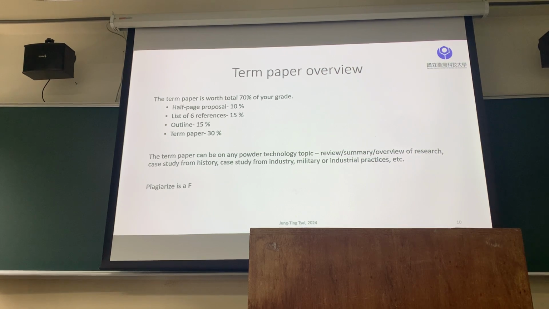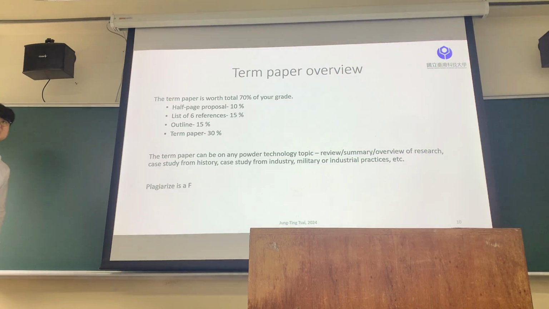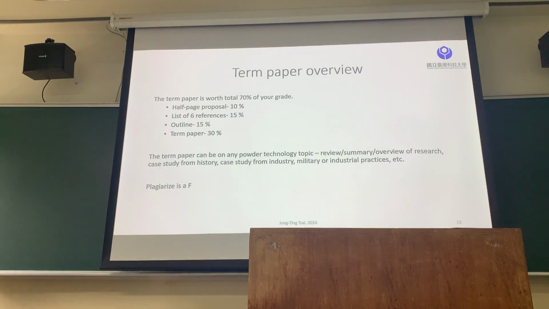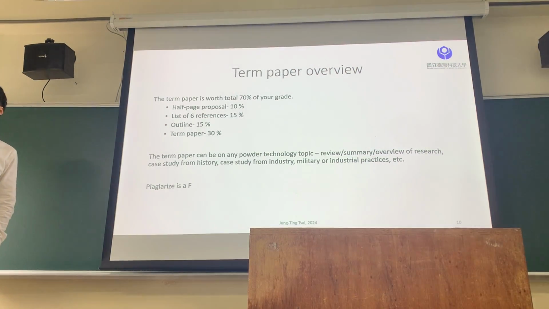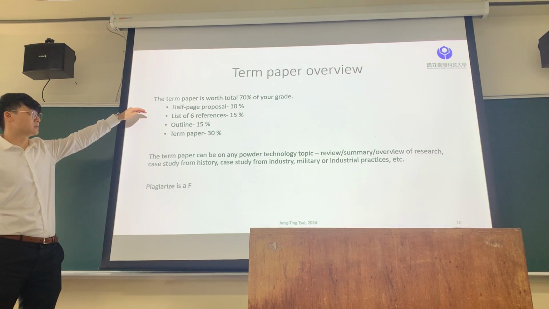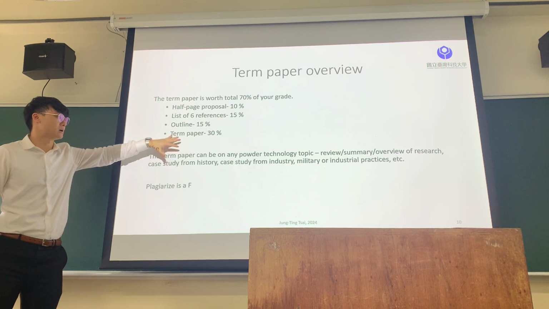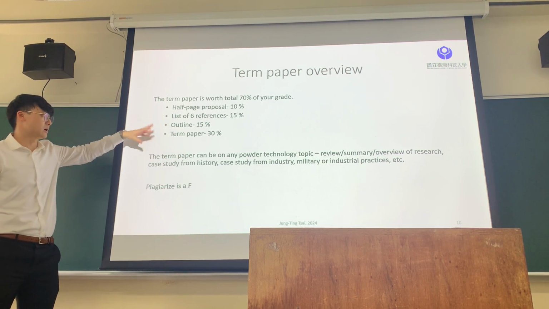So, term paper overview, this is important. You might feel a little bit frustrated or impatient about this, but I think this is important since we're spending 70%. This is 70% of your grade. So that's the most important part, right? 70% of your grade is a half-page proposal, 10% a list of 6 references and outline, and then the term paper is the final at 30%, right?